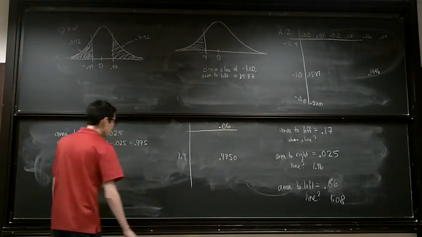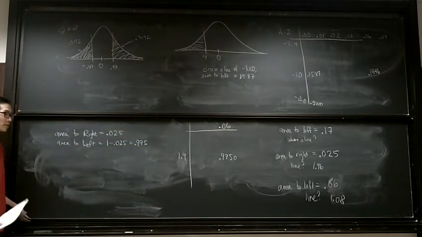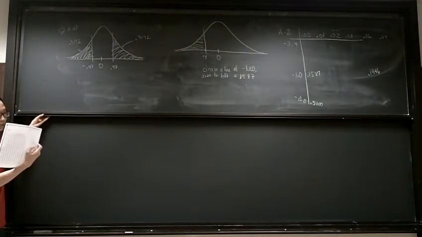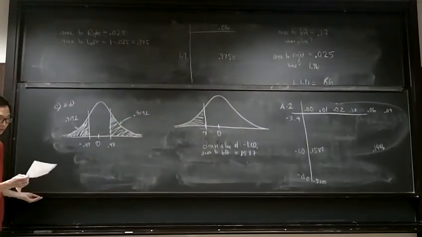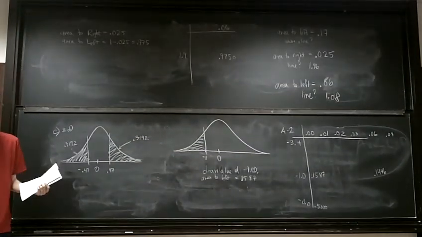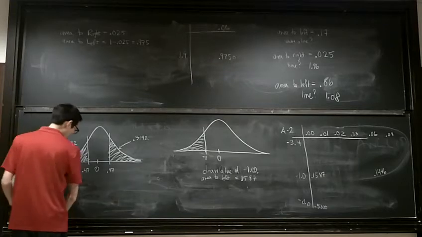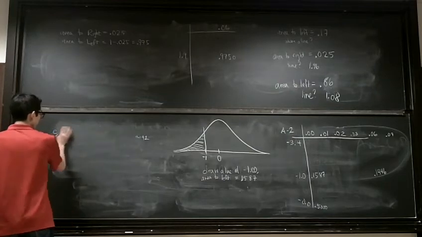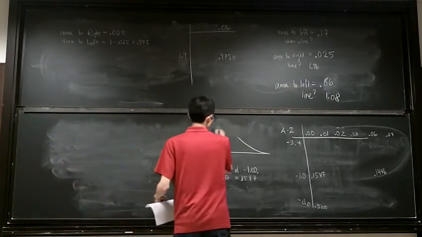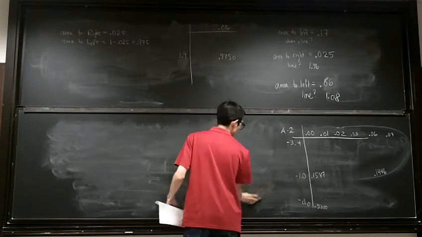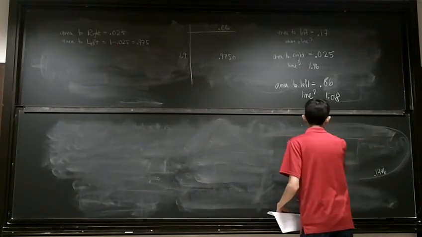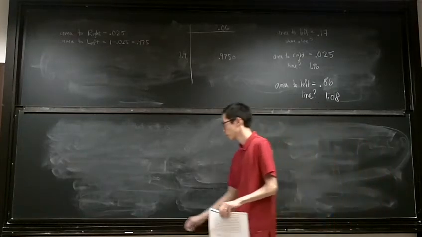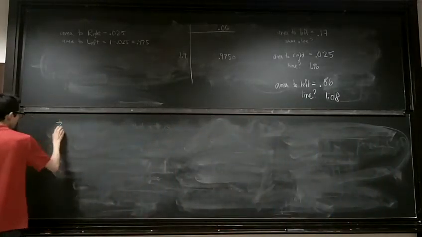The standard normal table that we use is also known as the Z table, because if you look at the top left corner of the table, you see a little Z in there. So this is our Z table.